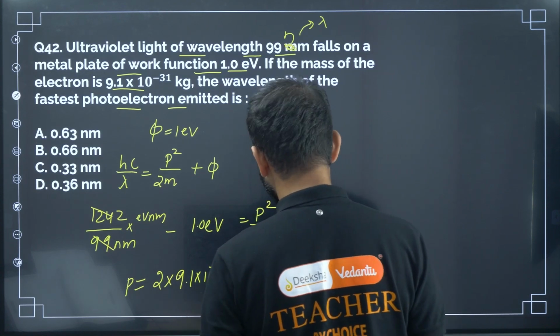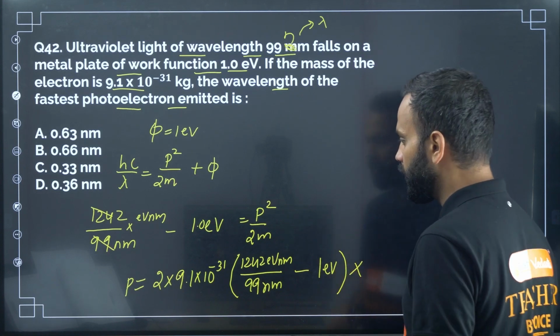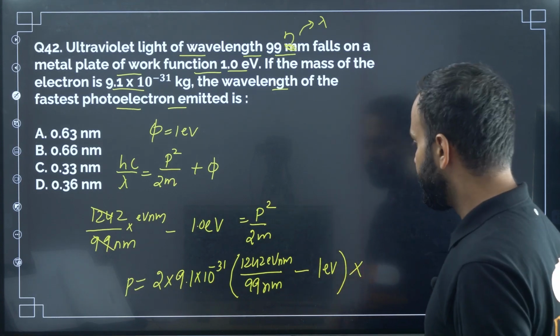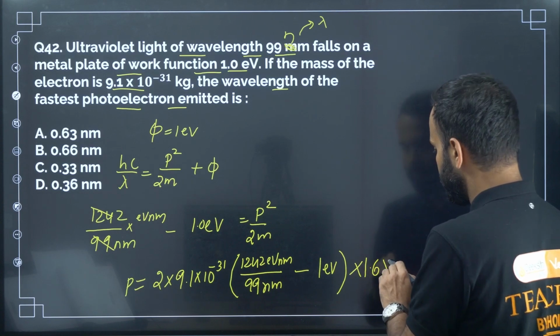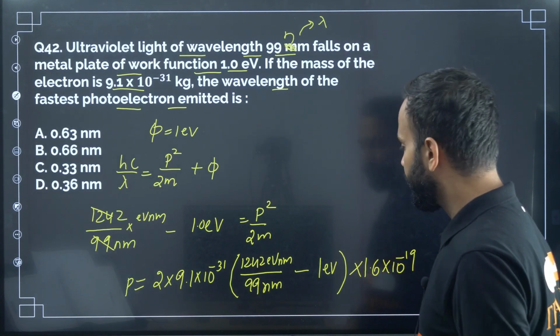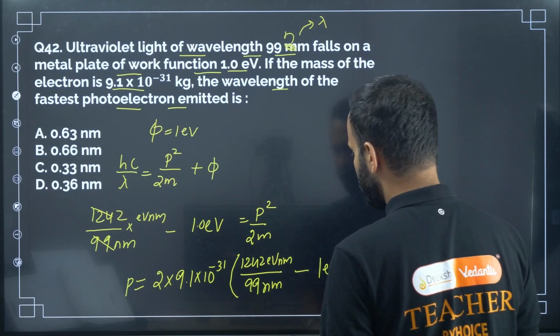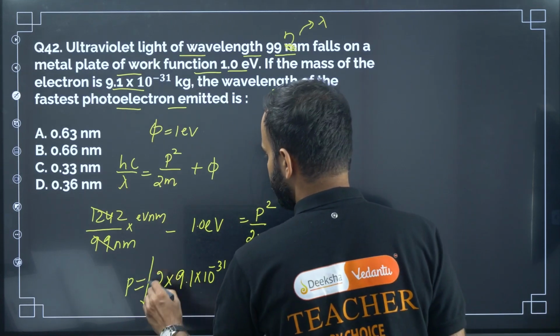We have to convert this into joule, so multiply by 1.6 into 10 to the power minus 19. Then take the square root.